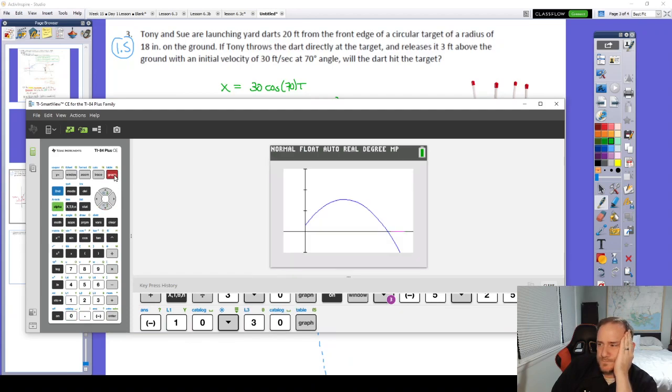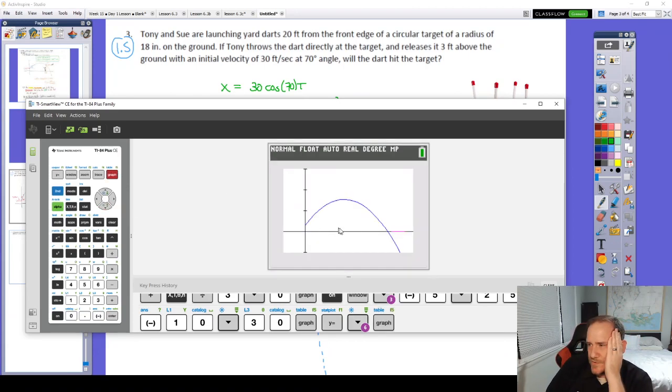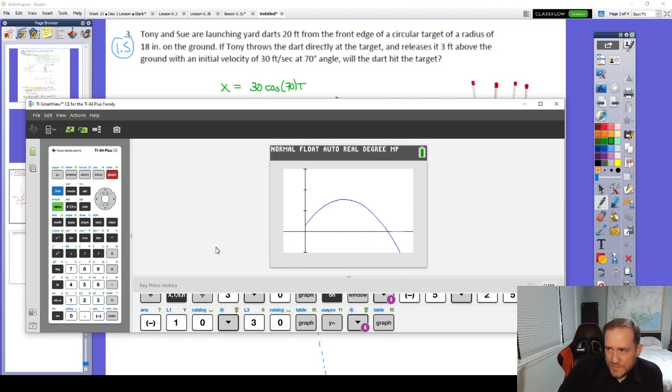Graph. Okay, so we can see it now. By entering that second set of equations, I was just rendering a horizontal line segment of length 3 that went from 20 to 23. Again, you guys will not do this. I'm doing it just so you can look and quickly see that, nope, poor Tony's coming up short. Okay, we can see that. And I just wanted you guys to be able to see that.